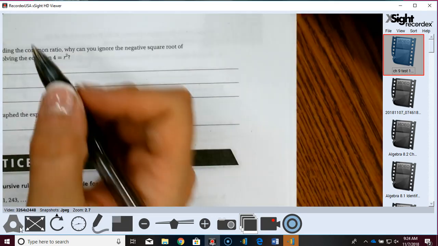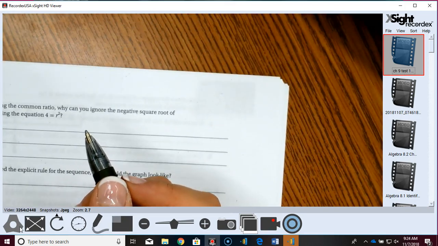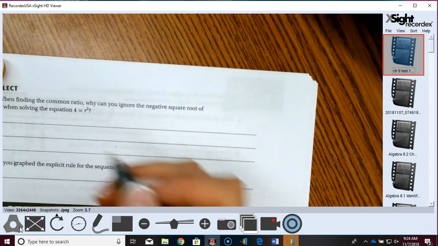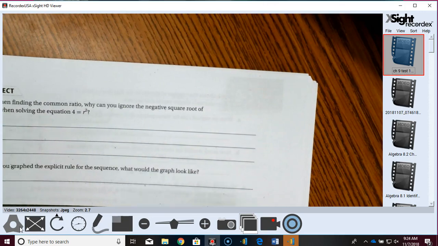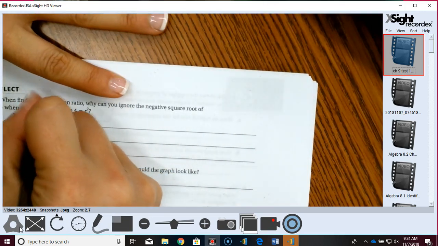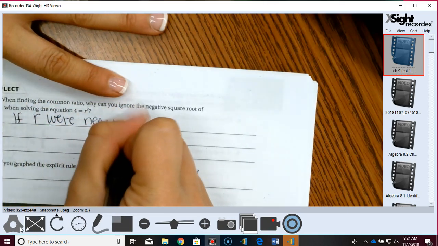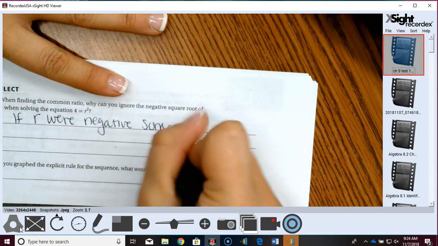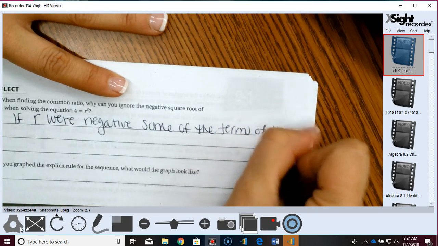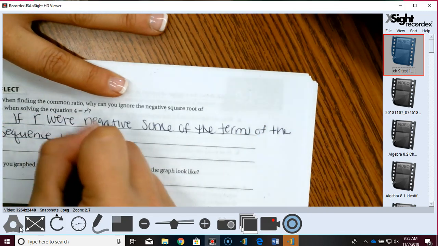When finding the common ratio, you can ignore the negative square root of 4 when solving the equation 4 equals r squared. Okay, so if r were negative, the terms of the sequence would be negative.